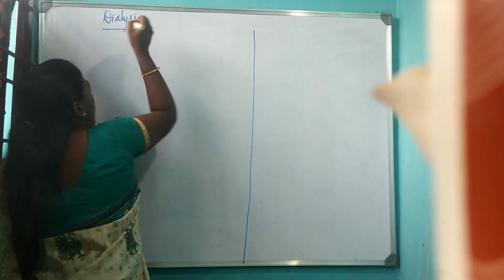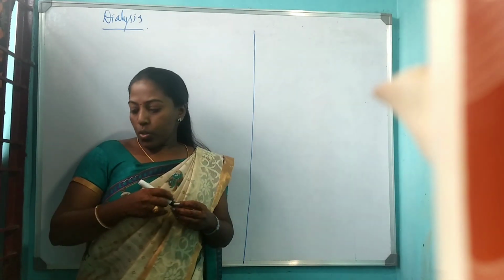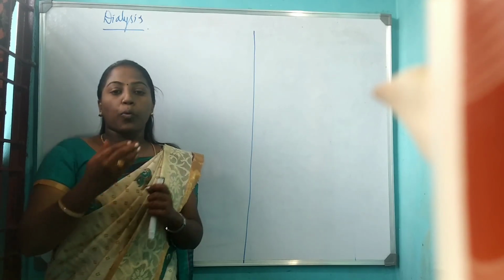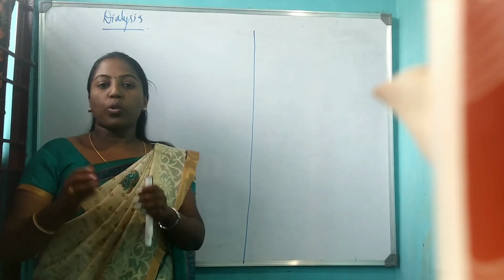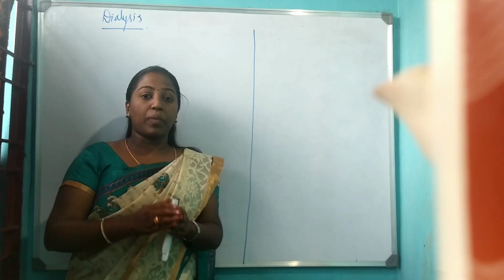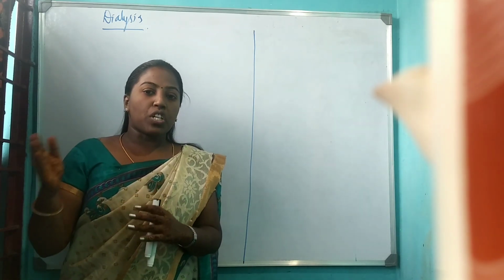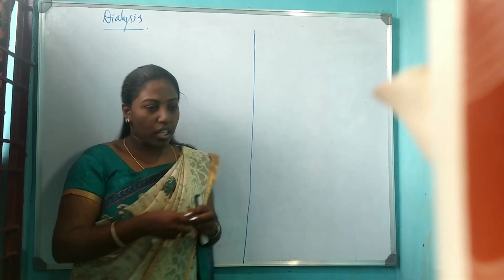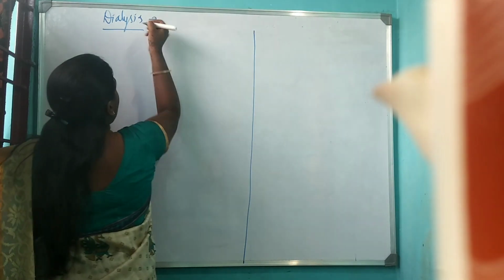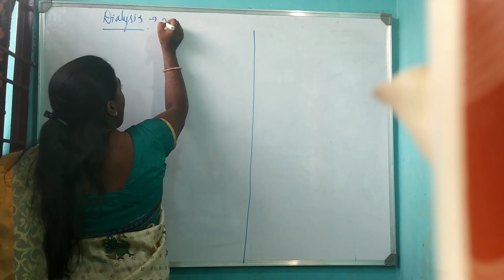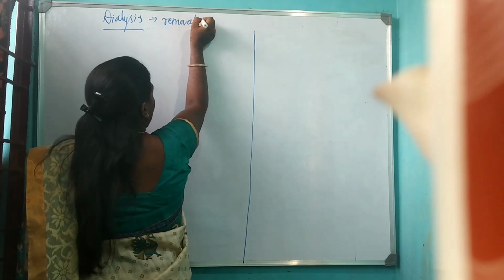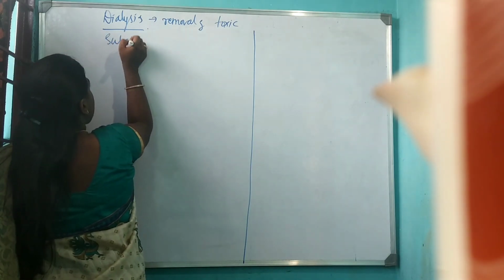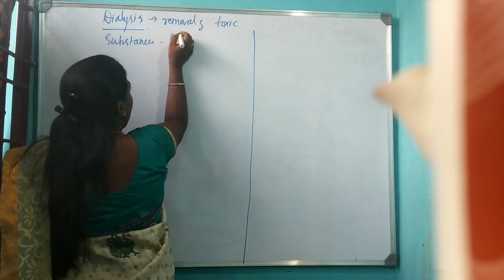What is dialysis? Dialysis can be defined as a process of removal of toxic substances from the blood by an artificial method, based on a concept called diffusion. So we can define dialysis as a process of removal of toxic substances from the blood.